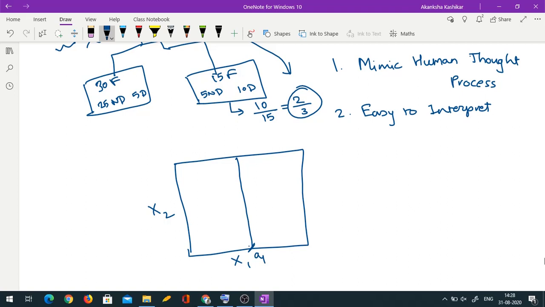So x1 less than a1 is one class, x1 greater than a1 is the other class. Now x1 less than a1 gets split on the basis of x2, and the split is say b1. So x2 less than b1 becomes this class, and x2 greater than b1 becomes this class.